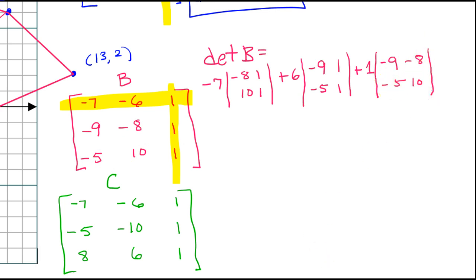So I just need to calculate this out. This is going to be negative 7 times down diagonal minus up diagonal, so negative 8 minus 10. And then I'm going to get plus 6 times down diagonal minus up diagonal. Now I put plus because the up diagonal is negative 5, and minus negative 5 is plus 5.